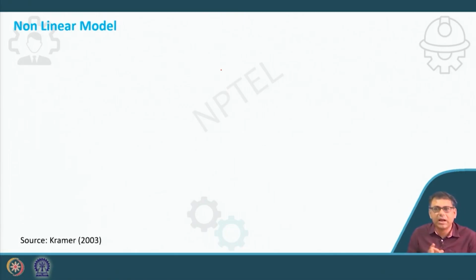Here I will discuss only the simple non-linear model, and you can also use an advanced constitutive model when you do the non-linear analysis. But I will discuss a simple non-linear model and how it follows that.